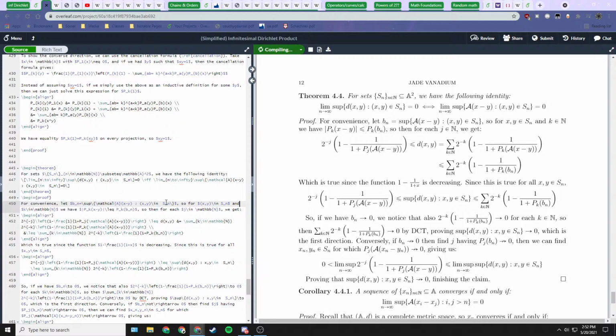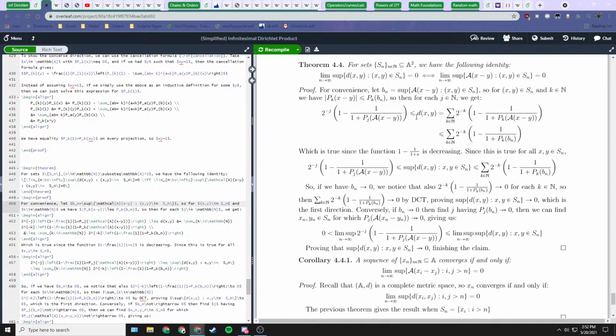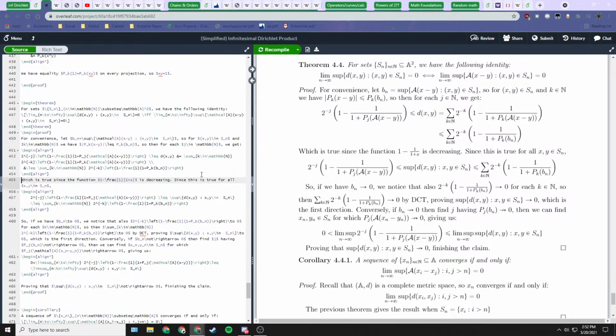We have this is that, and then this will bound these. This is decreasing, so this is true for all ordered pairs. So this is x comma y, and this is just this.